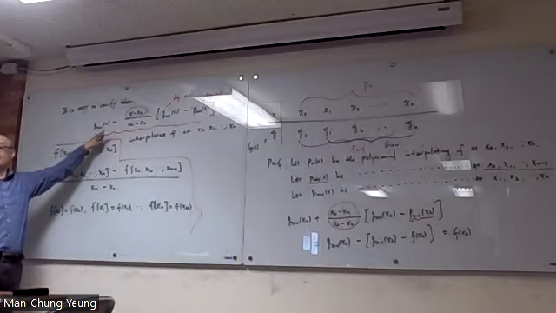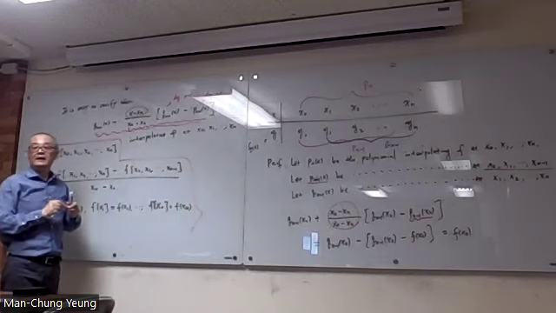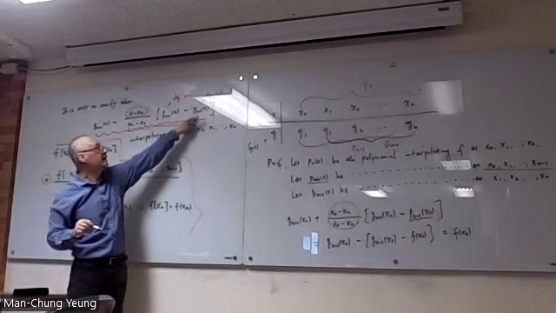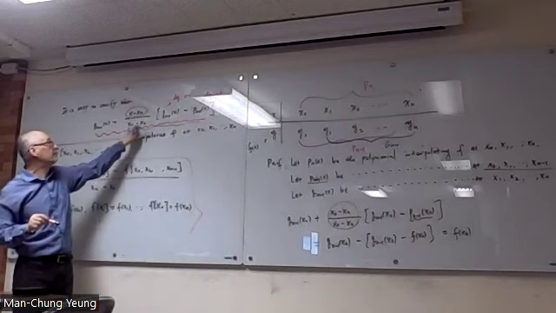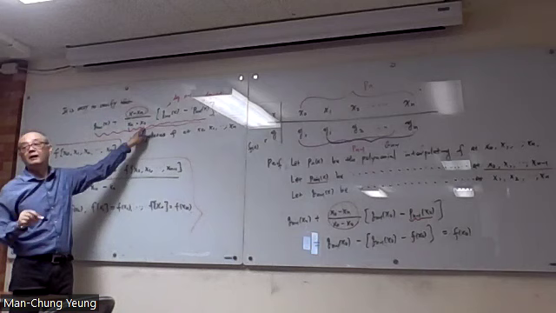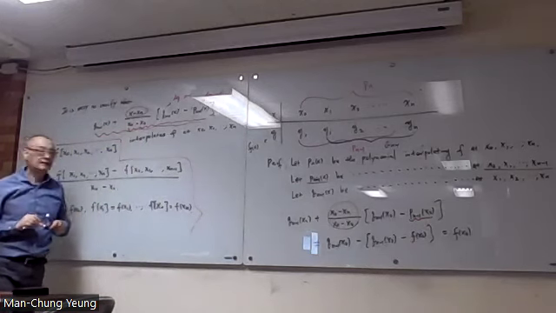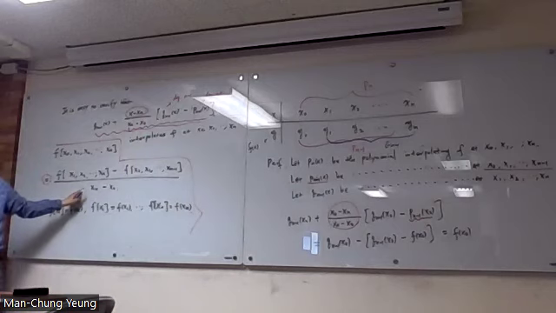This is a polynomial of degree n minus 1, so the leading coefficient is the leading coefficient of this minus this, then over this number, xn minus x0. If you expand, you will see it is exactly the right side.